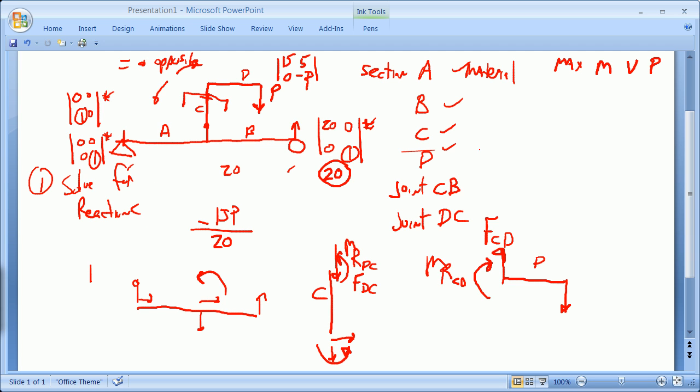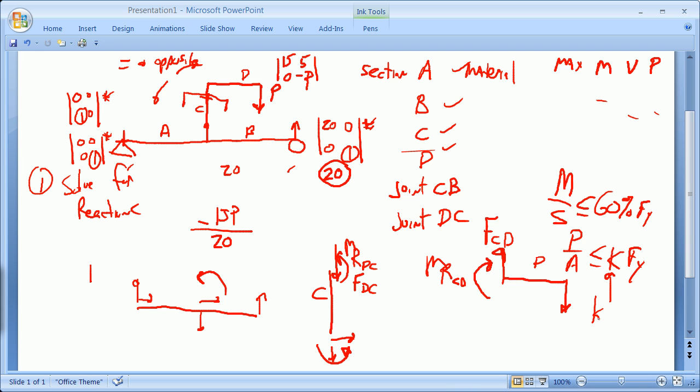All right, so once you get your maximum M, your maximum shear, and your maximum P, you go into the formula. M over S should be less than or equal to 60% of the yield strength. P over A should be less than or equal to some K, some constant, times the yield strength. This constant is a function of KL over R, which gets even more complicated when you get a structure like this.